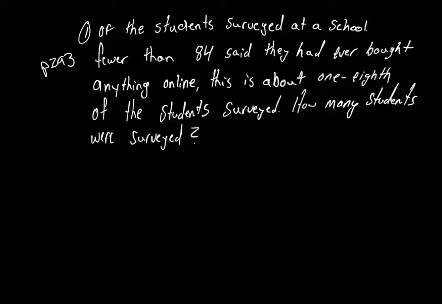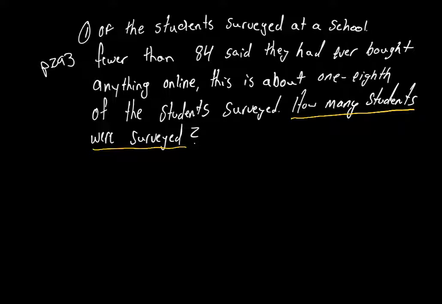So the first thing that I like to do is figure out what is the question that's being asked. With a lot of words in that paragraph, what are they really asking me to do? And I see the very last part is how many students were surveyed? That's the question that we're trying to answer.